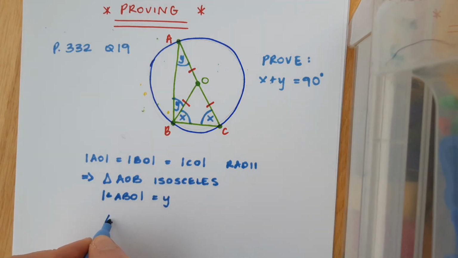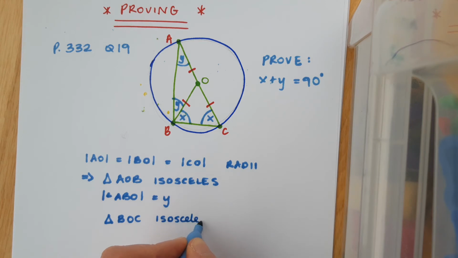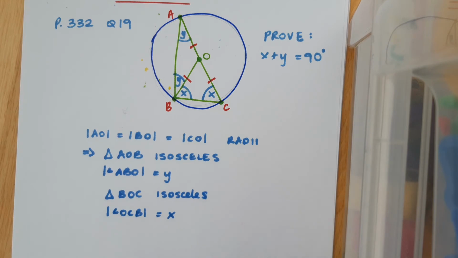And the triangle BOC is also isosceles, and that tells me then that the angle OCB is equal to x. Okay, so that's just on the basis of marking in the radii.